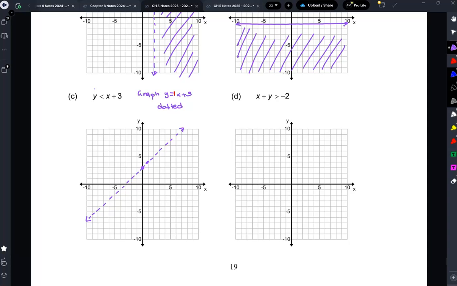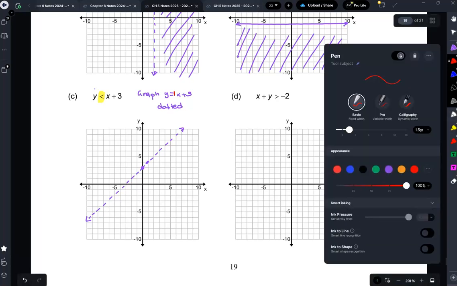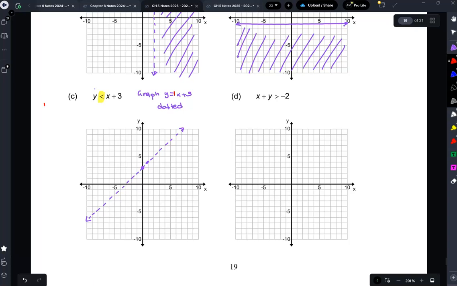Okay, here too we have two regions that this boundary separates this into. This is the first region, this is the second region. We need to figure out which one of these we're going to shade. For that, we're going to go to this inequality. What we're going to do is draw vertical arrows. And by vertical, I mean either pointing completely up or pointing completely down. So how do we know which one?